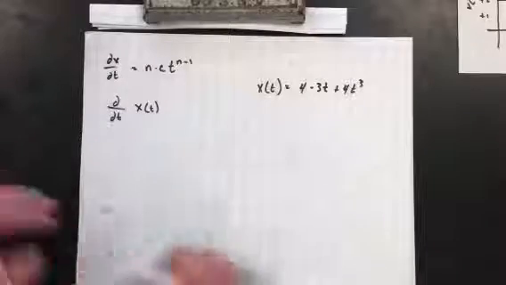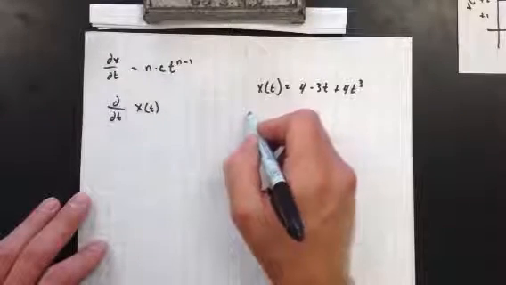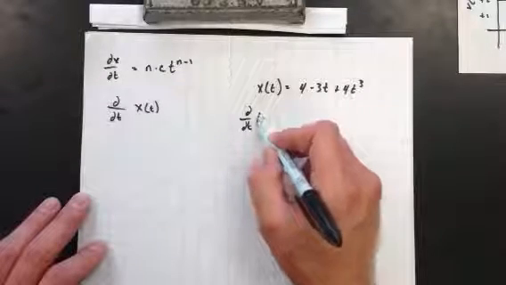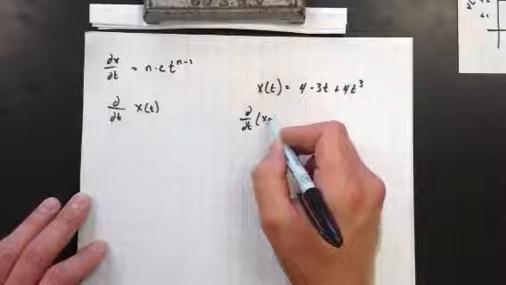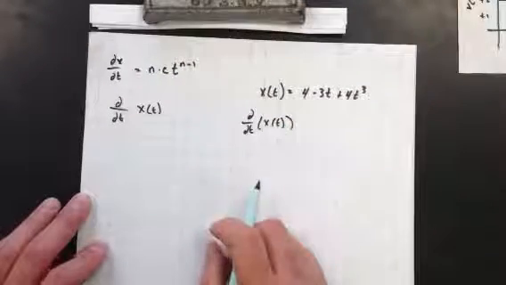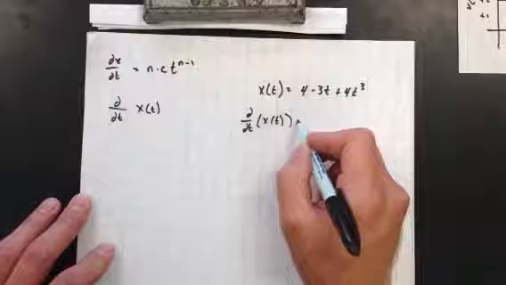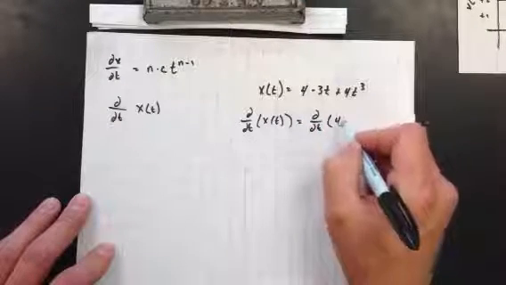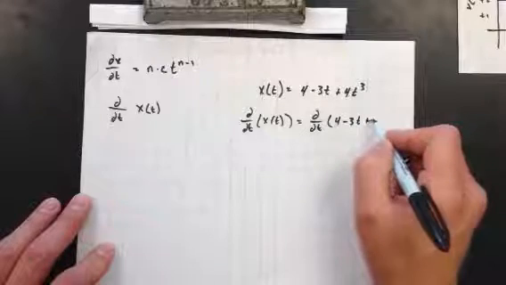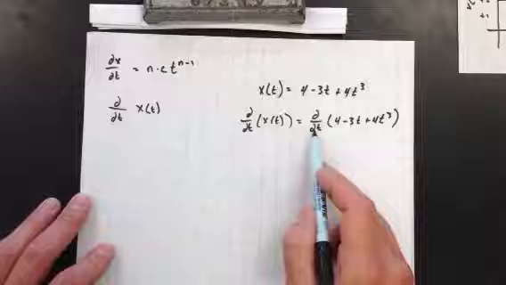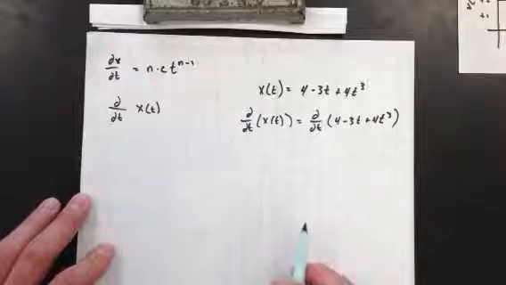Alright, so if we want to take the derivative of this, we're basically taking d/dt of x of t, which would then be d/dt of 4 minus 3t plus 4t cubed. So we're taking the derivative of each of these terms.